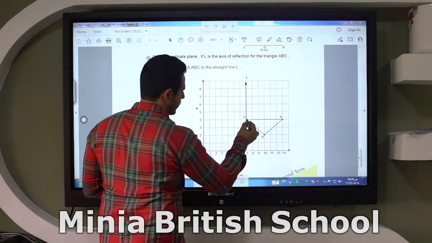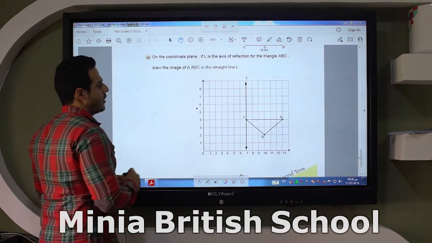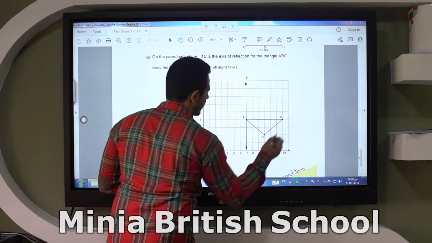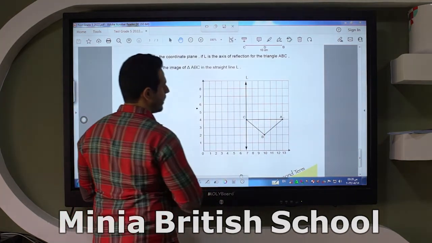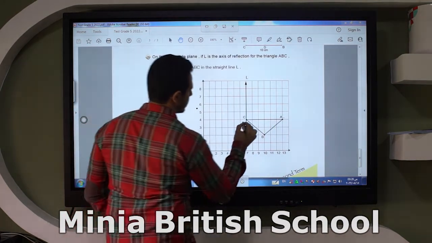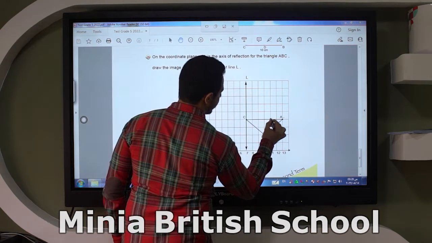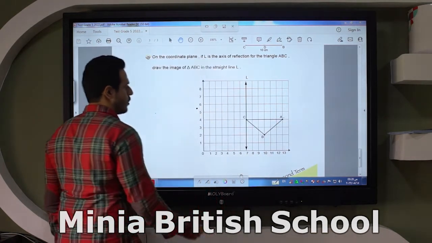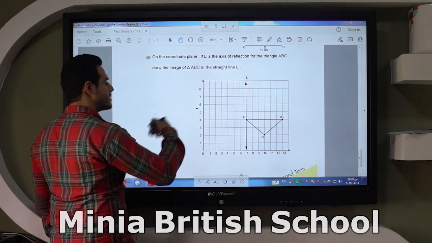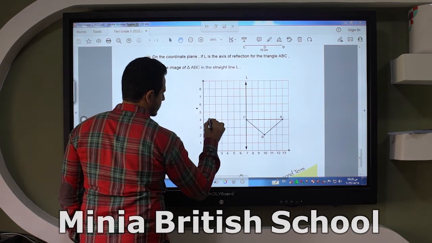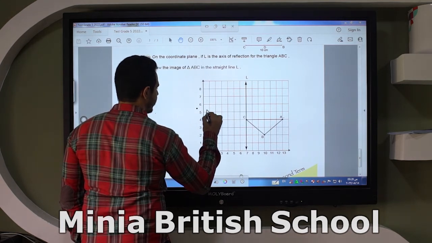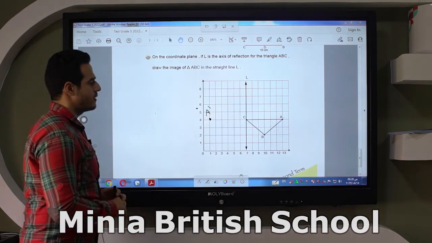So C stays C. Let's look at A. What's the distance between A and line L? How many square units? 1, 2, 3, 4, 5, 6. So I will move 6 in the opposite direction. 1, 2, 3, 4, 5, 6. This point A dash is the image of A.